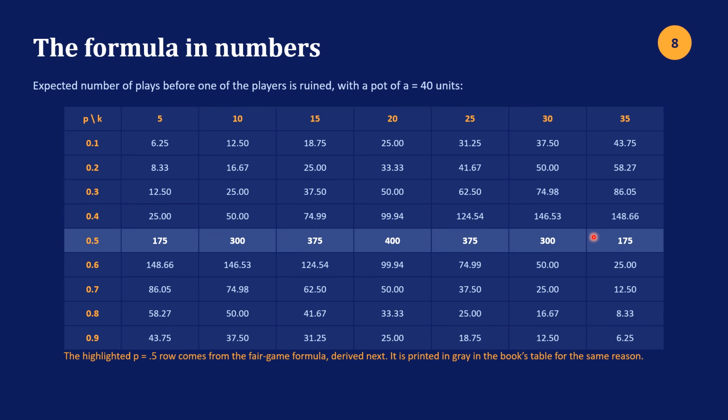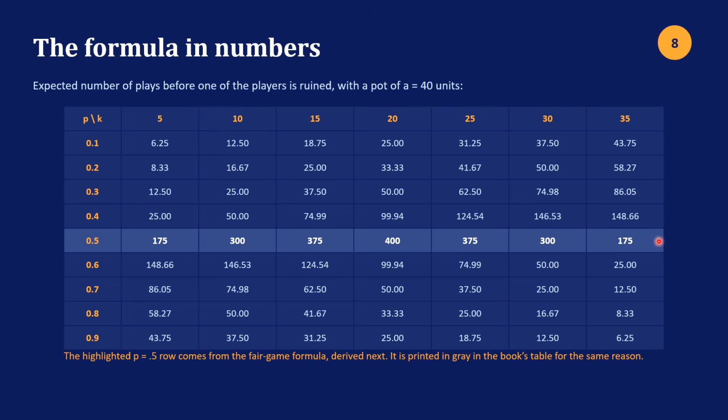And then in the middle, we're going to compute the formula later in this lesson, but in the middle they have an even chance. So it goes up here until each player starts with 20 and has an even probability of winning on a draw. So this is the longest expected number of plays before the game gets over.